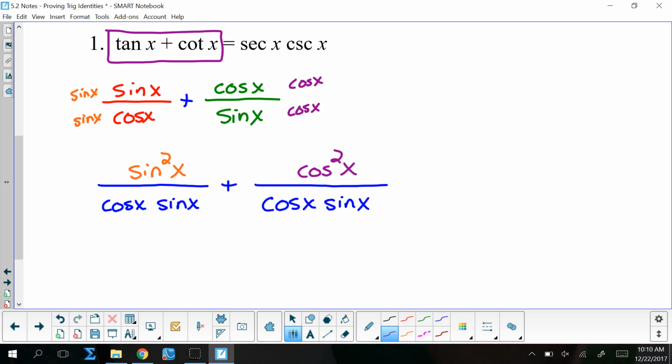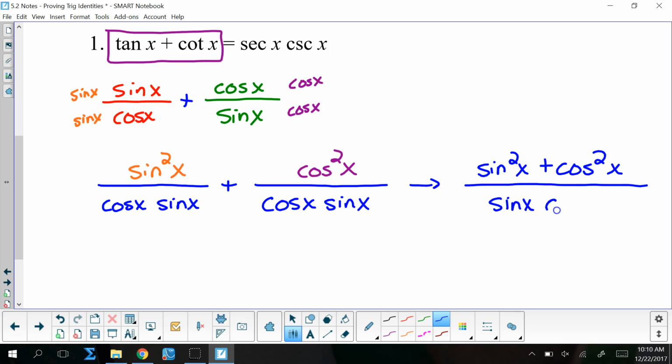Okay? Now I can combine my fractions. What are we thinking? Hammer on top, right? So the top is equal to 1.